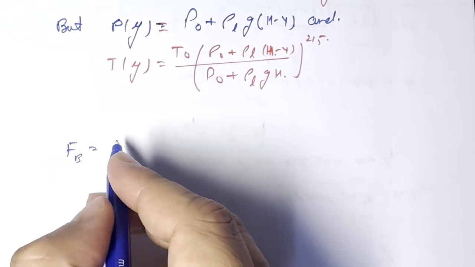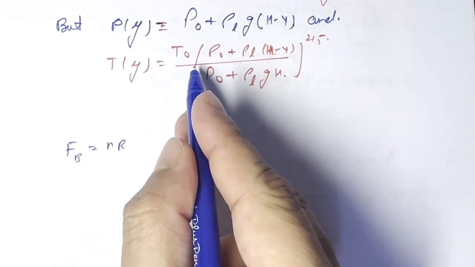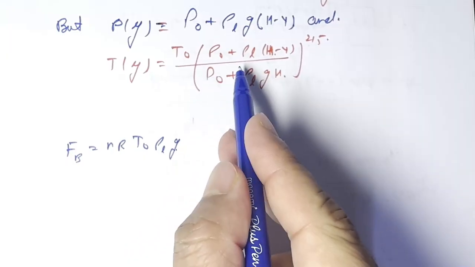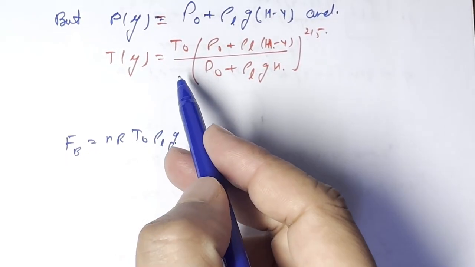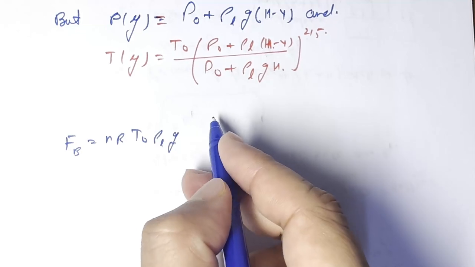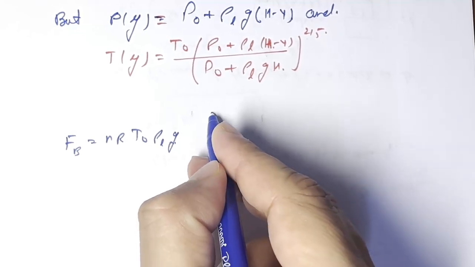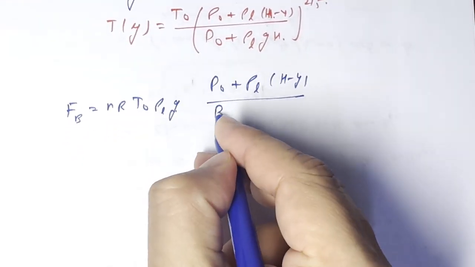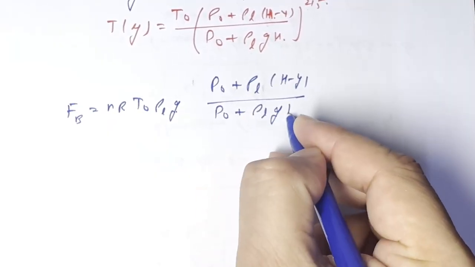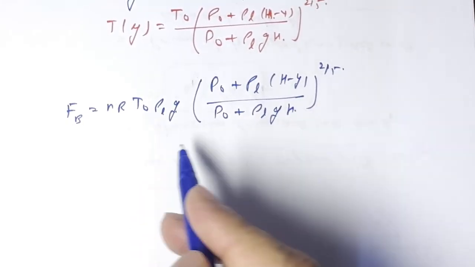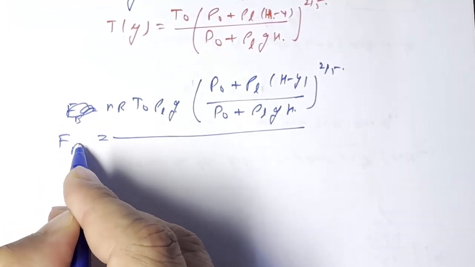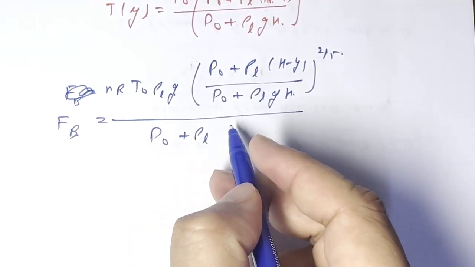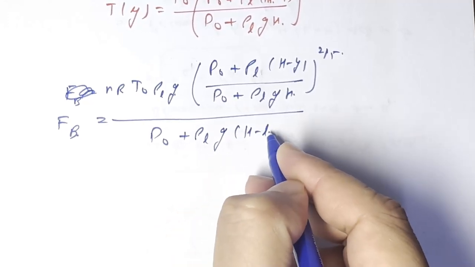FB will be equal to nR, and T naught rho L g, and here T of Y will be ((P naught plus rho L g (H minus Y)) divided by (P naught plus rho L g H)) whole raised to the power 2 by 5, divided by P of Y, which is P naught plus rho L g (H minus Y).